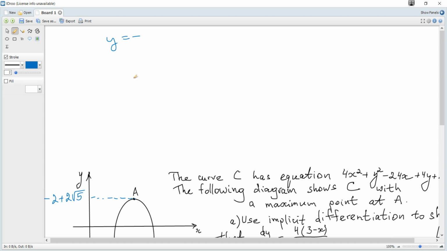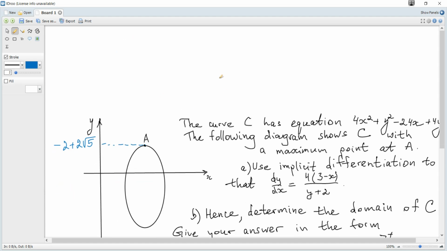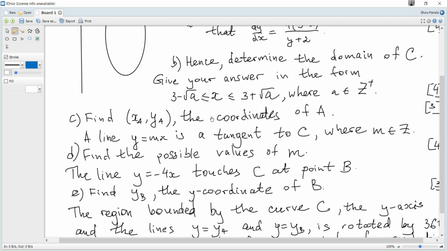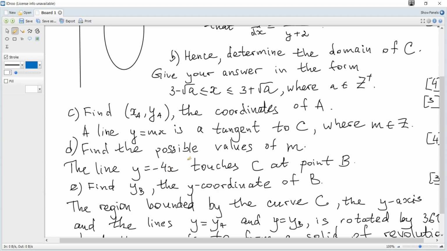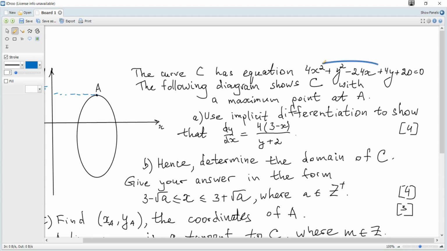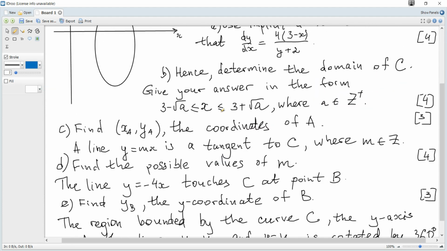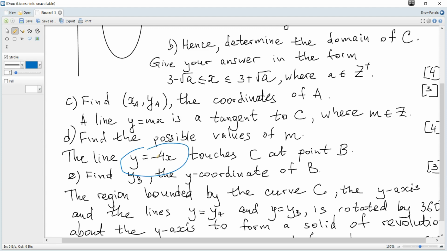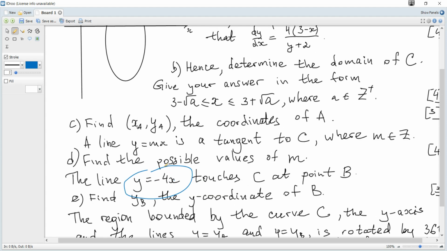And substituting 1 for x, actually we can substitute into this, but it will be simpler into this because it's a point on both the line and the curve. So you can see that when x is 1, y is negative 4.